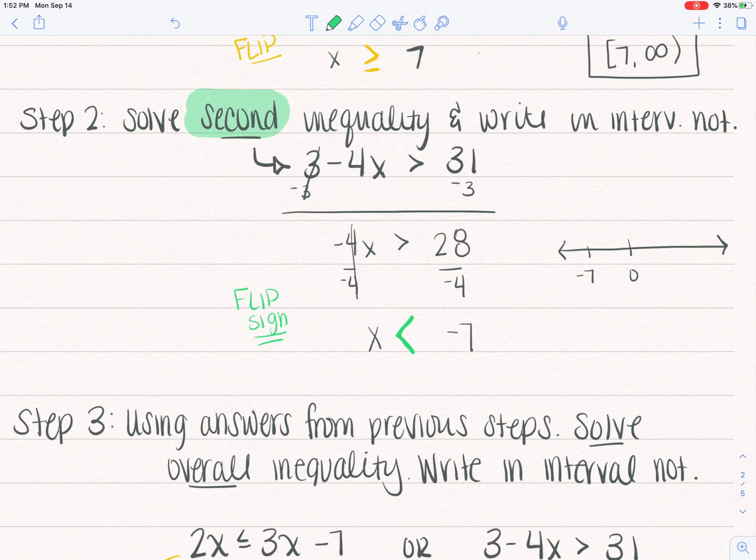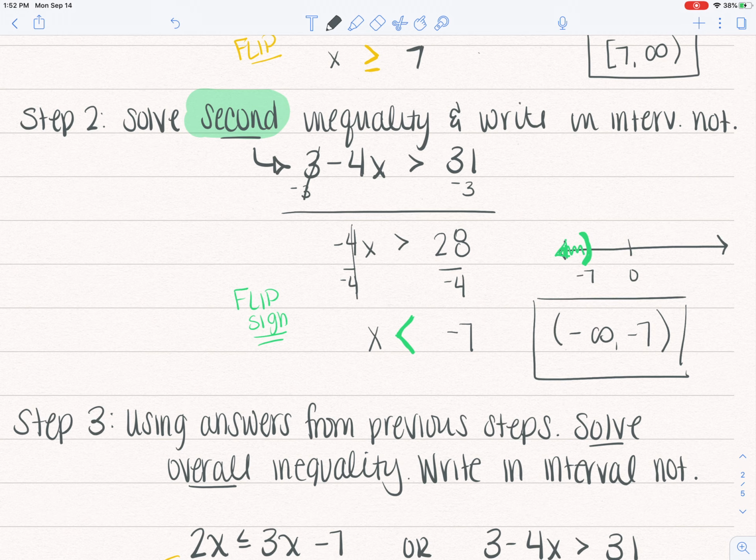I'm going to have a parenthesis on -7 because it's just less than, and then I'm going to shade to the left. So my interval is going to be -infinity to -7 with a parenthesis. So that is step 2.